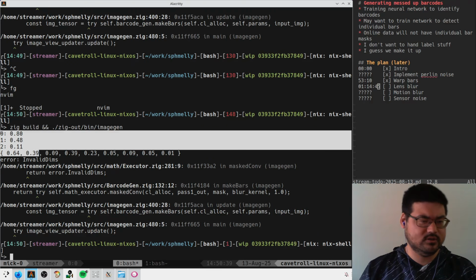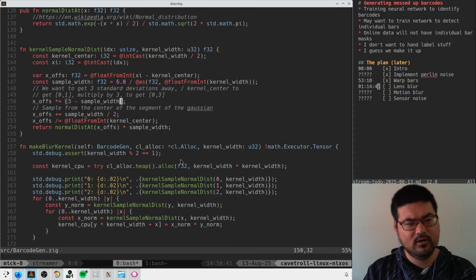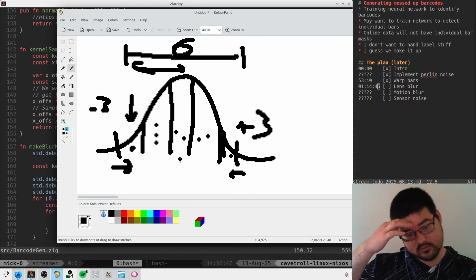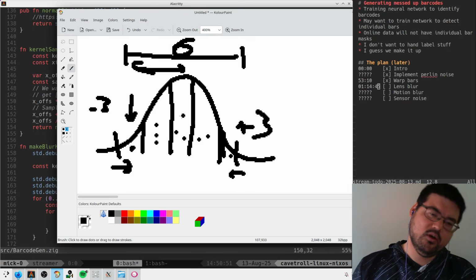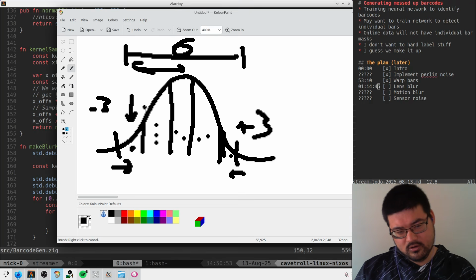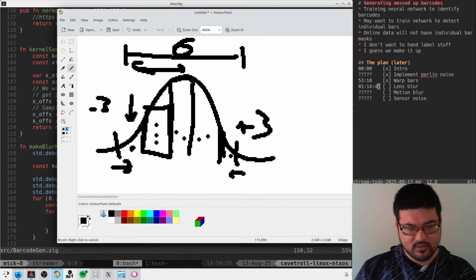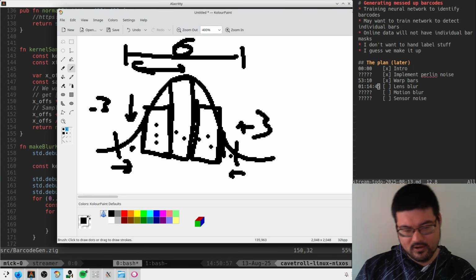So now these are still not symmetric, which is bad. But I think the idea there is close, right? We're trying to sample this square, this square, this square, right?